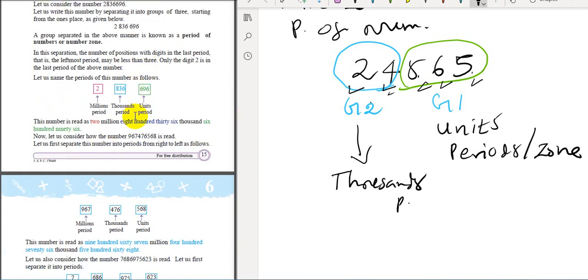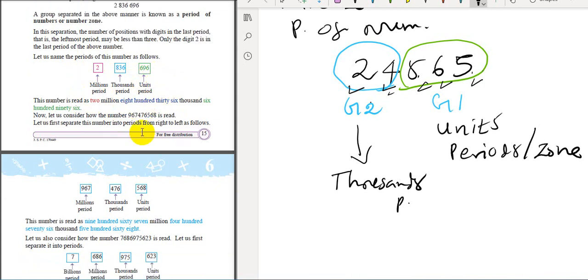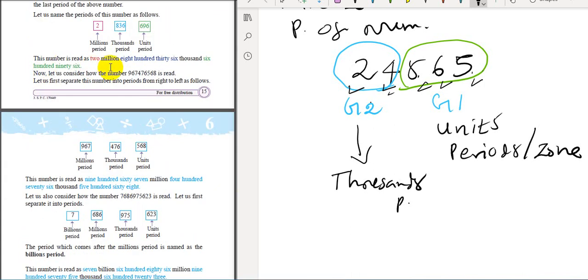Let's move to this example. This is the unit period and the thousand period. The third one is the millions period. How to call this number very easily? 2,836,696.